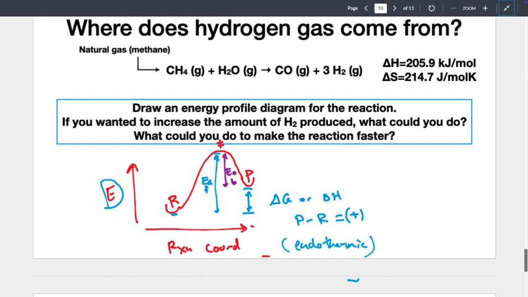If we wanted to increase the amount of hydrogen produced, what could we go through and do? Okay. So one idea was to add heat. How is adding heat going to increase the amount of hydrogen?